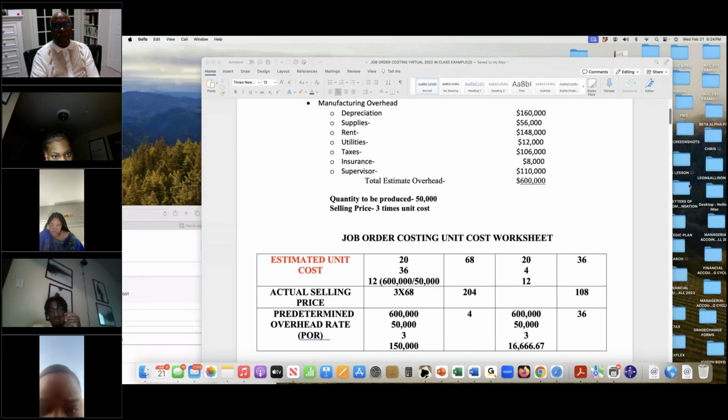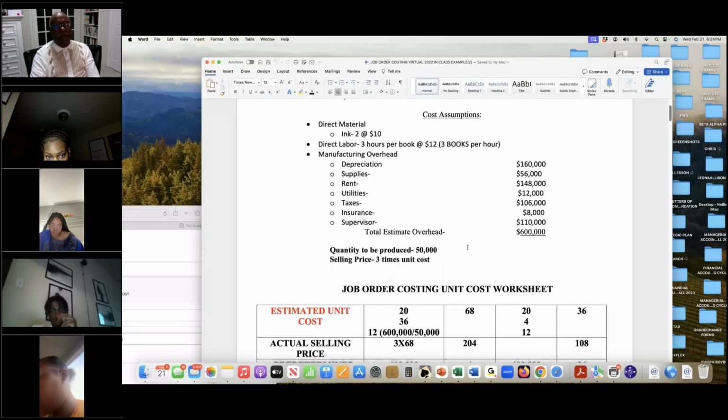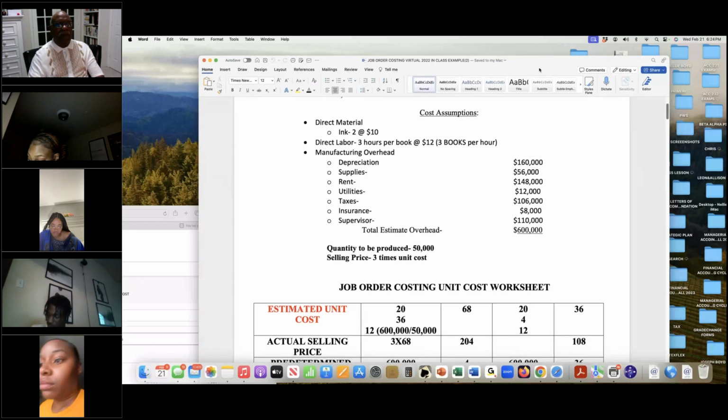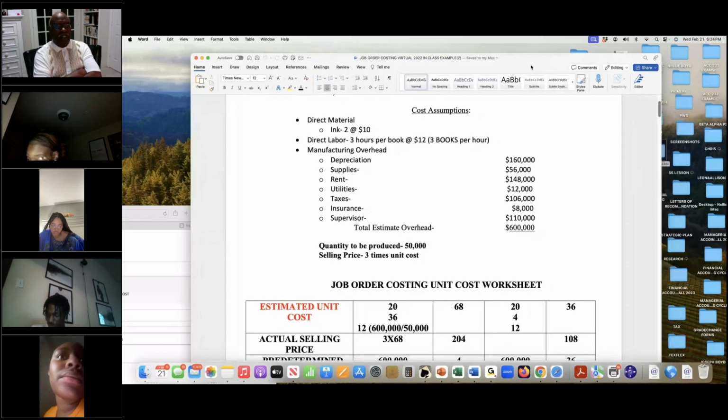Can you repeat that? Because I just feel like, honestly, everything is just going way too fast. Last time we began on this problem with direct material, ink 2 at 10, labor 3 hours per book at 12, and our estimated overhead was 600,000.